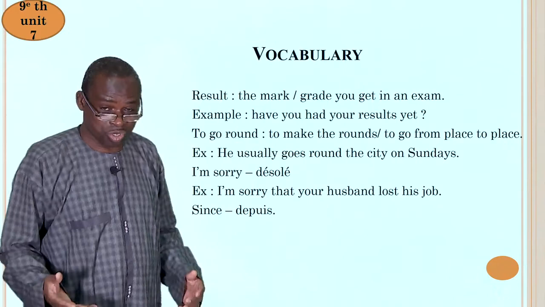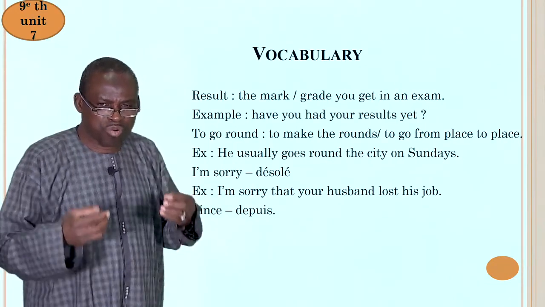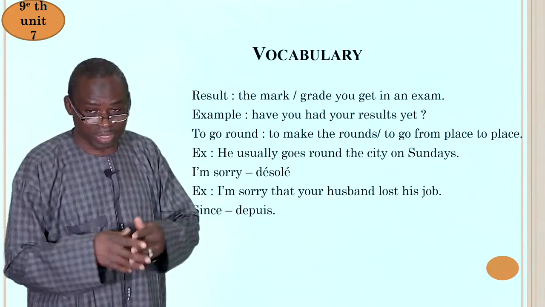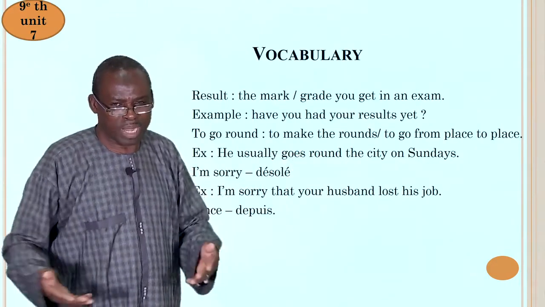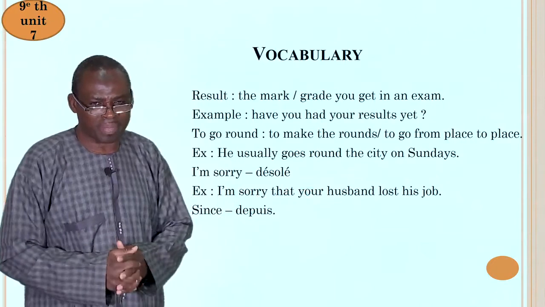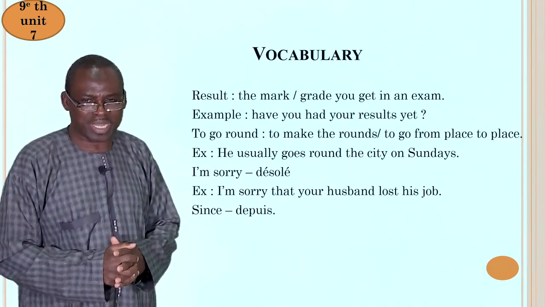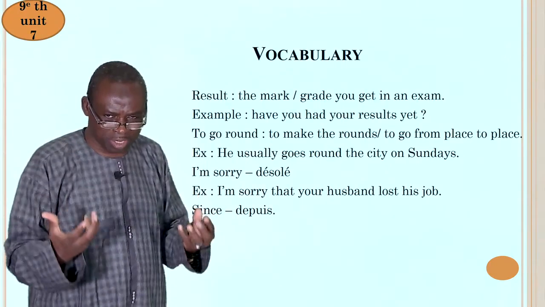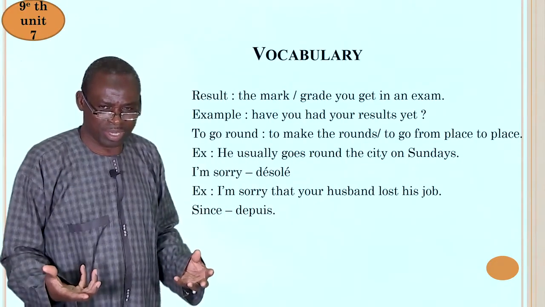Okay? So, if you do well, good result. If you do very badly, well, you will get a bad result. Okay? So, try to work hard in order to get a good result in your exam.